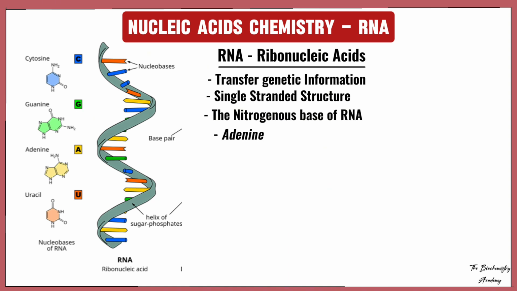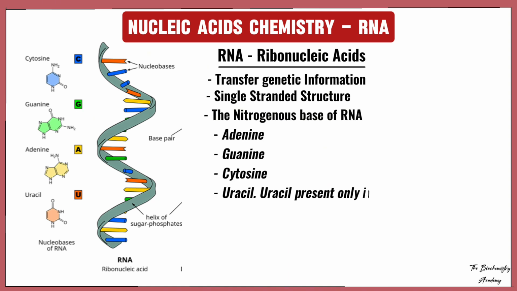The nitrogenous bases in RNA are adenine, guanine, cytosine, and uracil. So uracil is only found in RNA, while in DNA, thymine is only found in DNA.